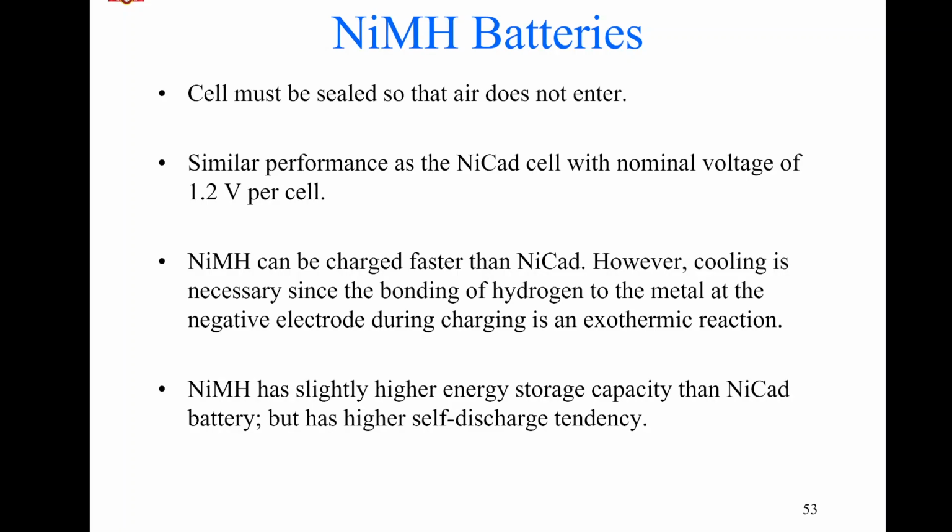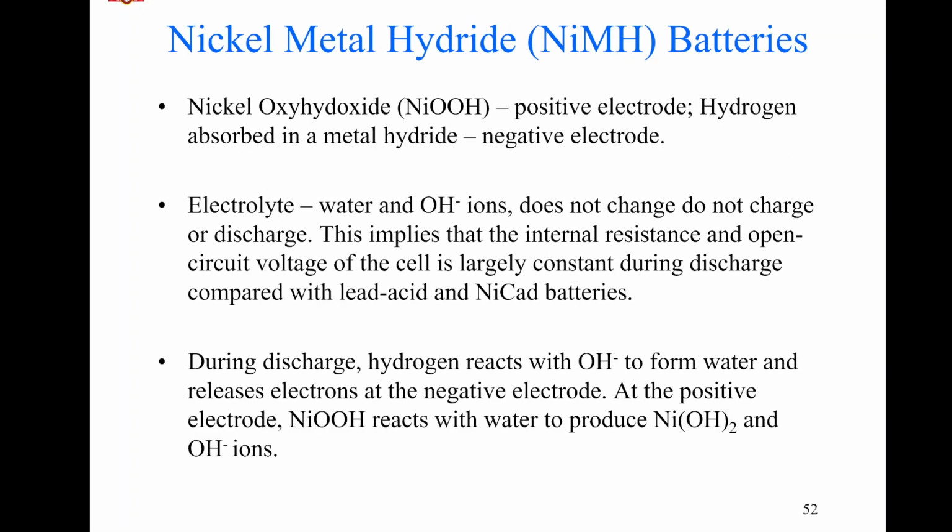But in this case, the water and the OH minus ion concentration does not change, and that results in consistent internal resistance. So during discharge, the hydrogen reacts with the OH minus to form water and releases electrons at the negative electrode.